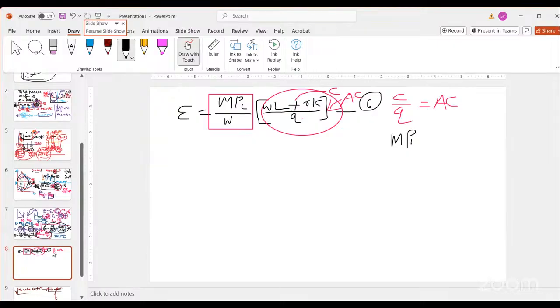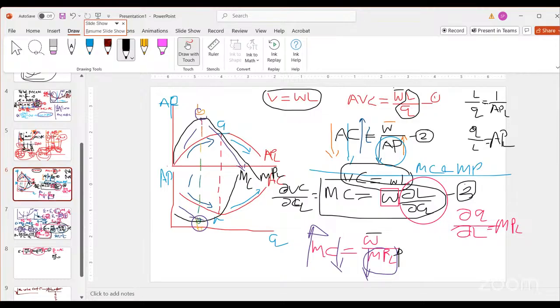You look back in your notes, if you have them. I will show you where we did it. This one, the marginal cost.